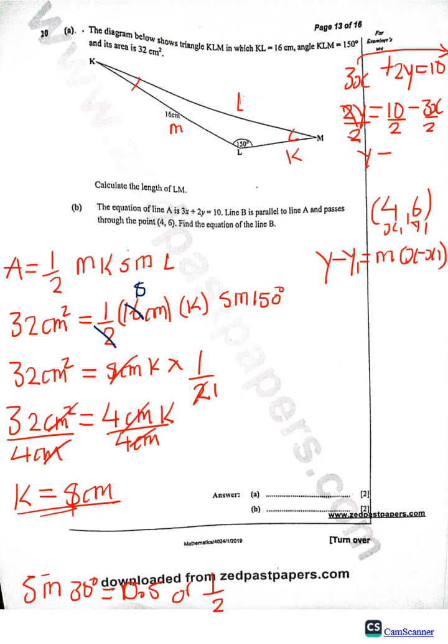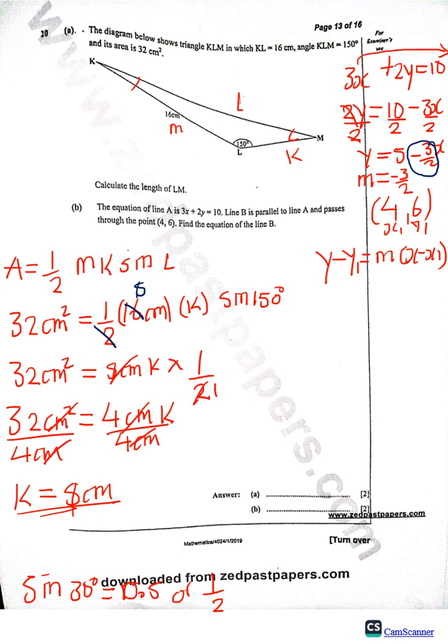Then y is equal to 10 divided by 2 is 5 minus 3 over 2 of x. Now the gradient for this particular equation is where there is now y, you replace with the symbol for gradient m. Now the final answer, you just get the coefficient of x. So the coefficient of x is our gradient for the equation A, so it's negative 3 over 2.